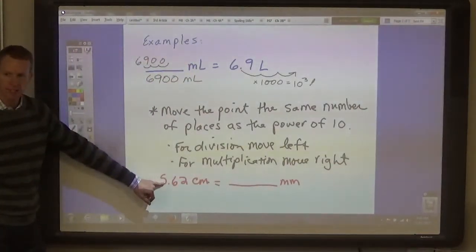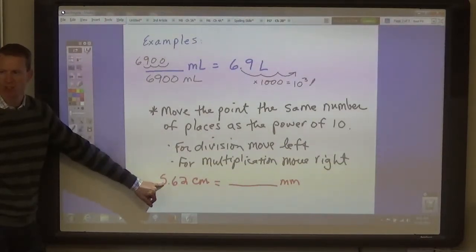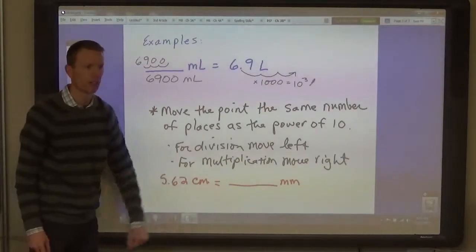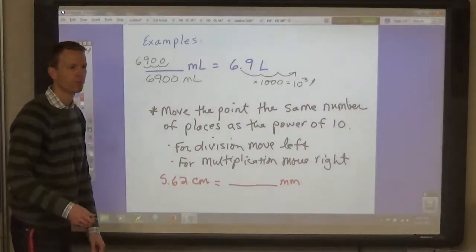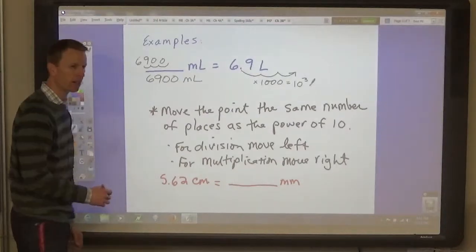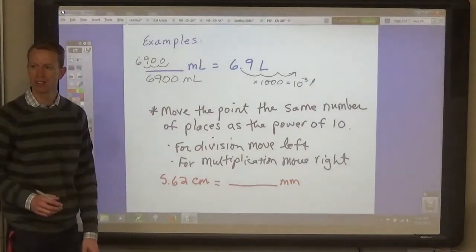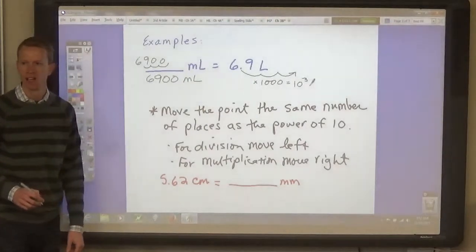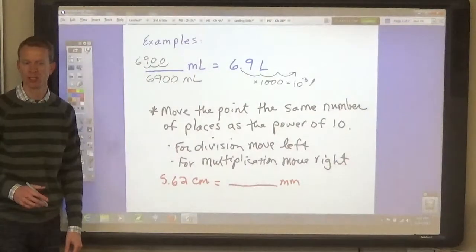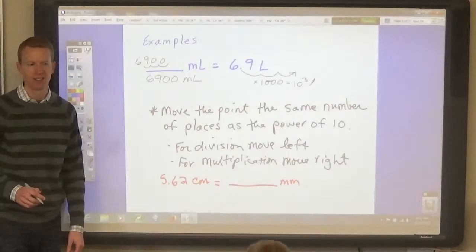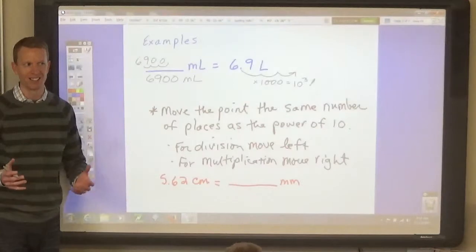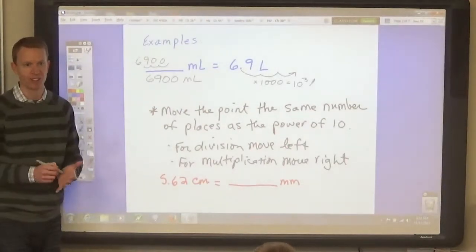How about from centimeters to millimeters? Look at your chart. How would you go from centimeters to millimeters, AJ? Times 10. So you move the decimal place how many places and which direction? To multiply by 10. Come on, people.